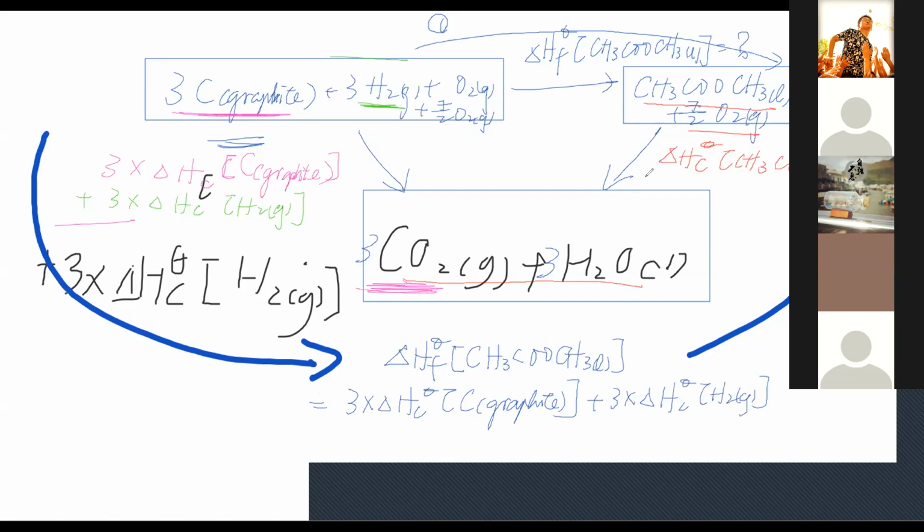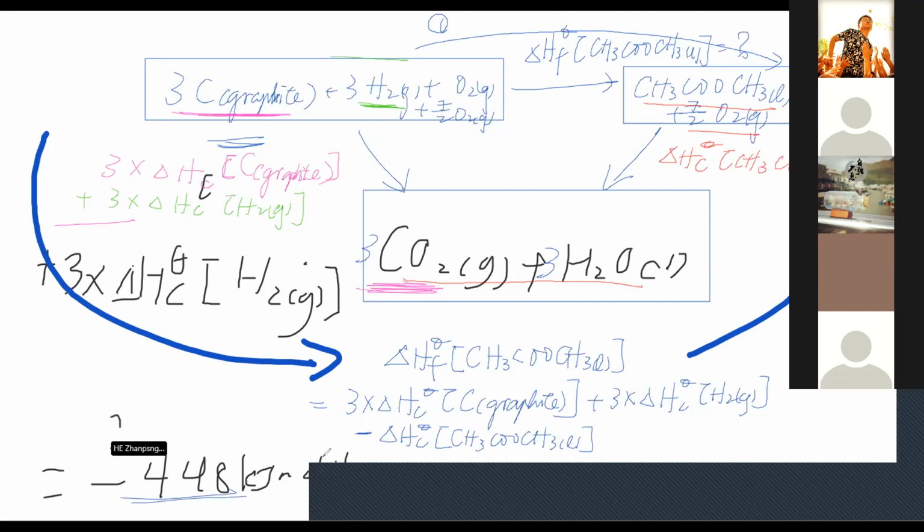And finally, because you may find that the arrow is opposite to the original arrow, so you put a minus sign here. Minus delta H of combustion of the S star. So the answer is what? Minus 448 kilojoule per mole. Yes, correct.